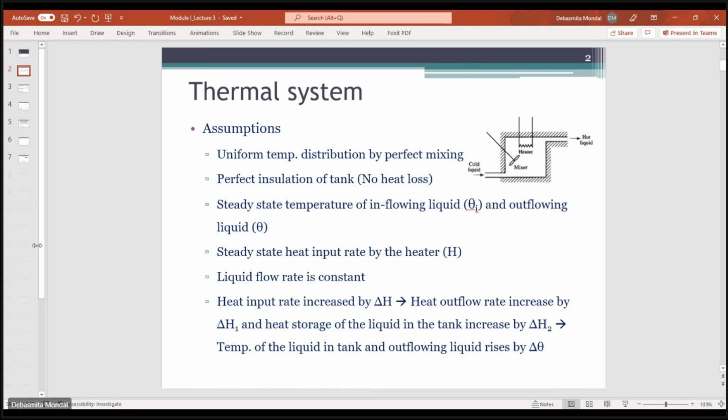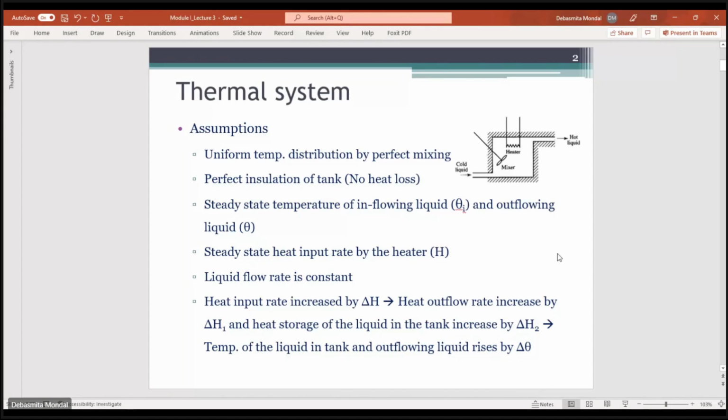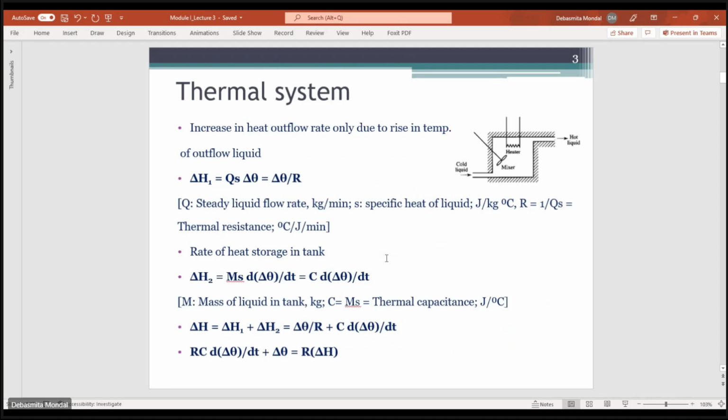Okay, so in the thermal system, we were actually talking about this one, I think I have covered till this point. So what was left out was the differential equation model when we were assuming that the thermal system is nearly perfect.